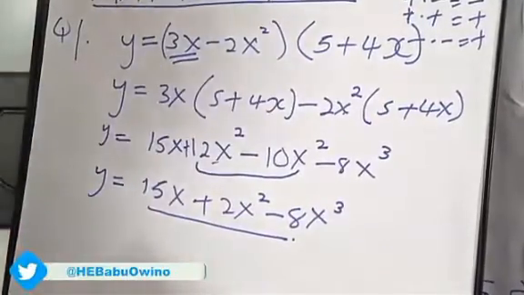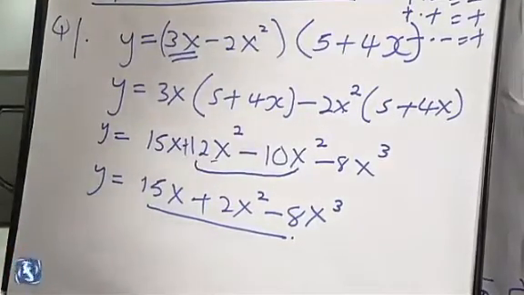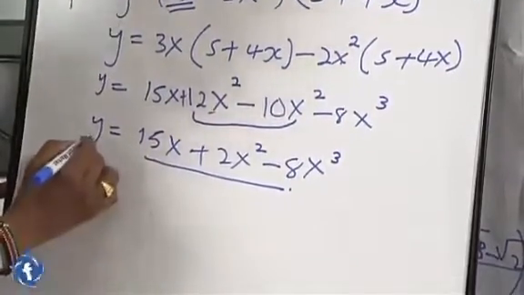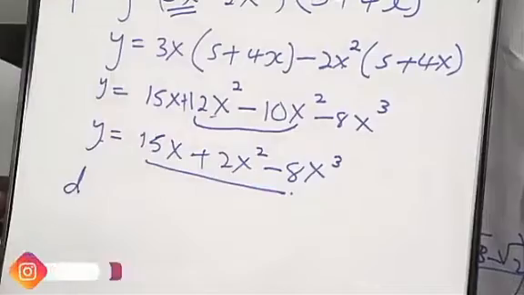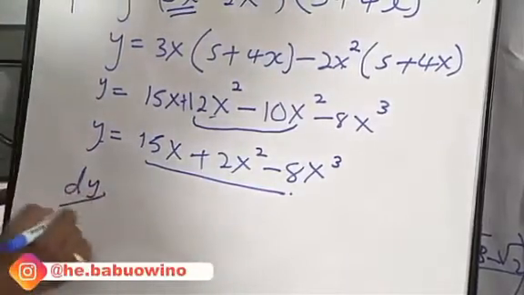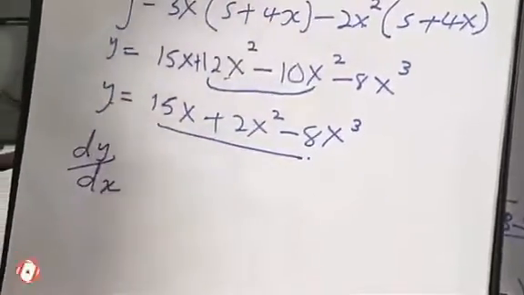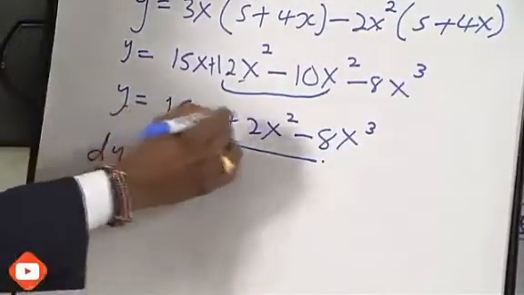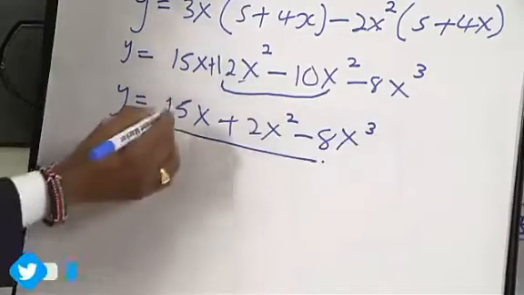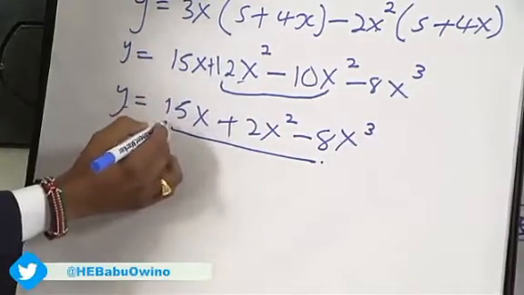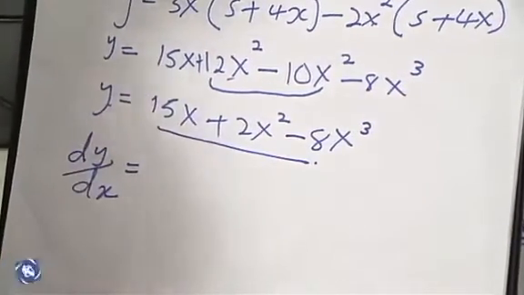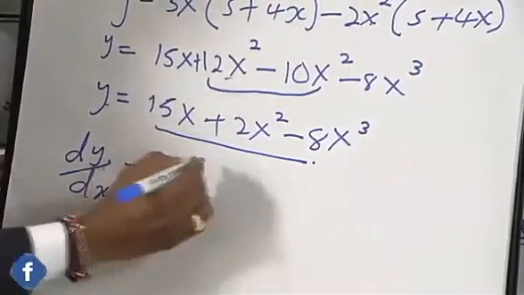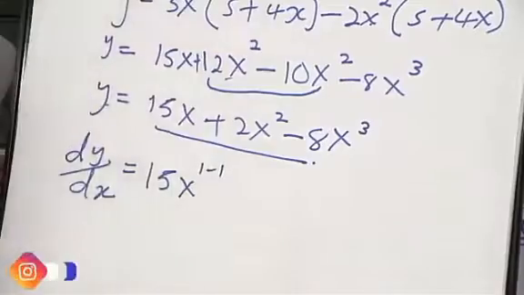Then we are asked to find the derivative. That is differentiation. Differentiation is the gradient function. Now we are going to get y with respect to x, that is dy/dx. This is what we call differentiation. When we want to differentiate, we differentiate every part that we have here. First we start by differentiating 15x: we have 15x, with x raised to power 1, and you subtract 1.